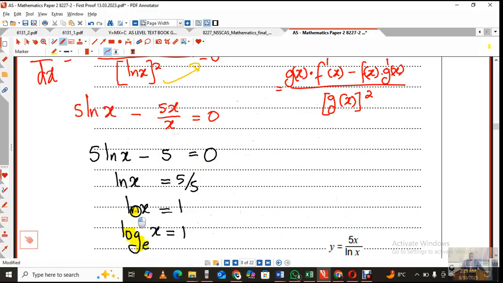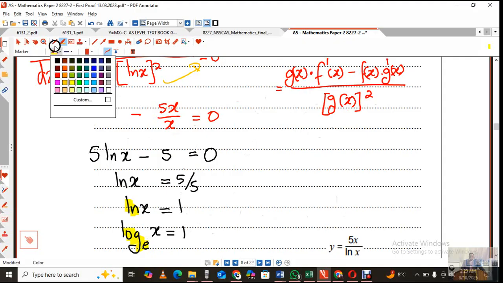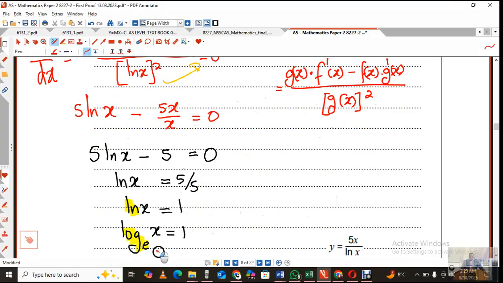Log base e and the natural log is the same thing. So if I was to change it from log form to exponential form, this will give me e to the power 1, which is the value of x. Therefore, our value of x is e.